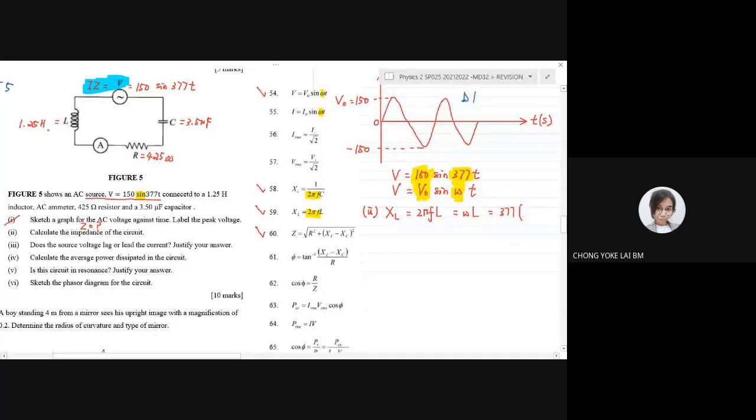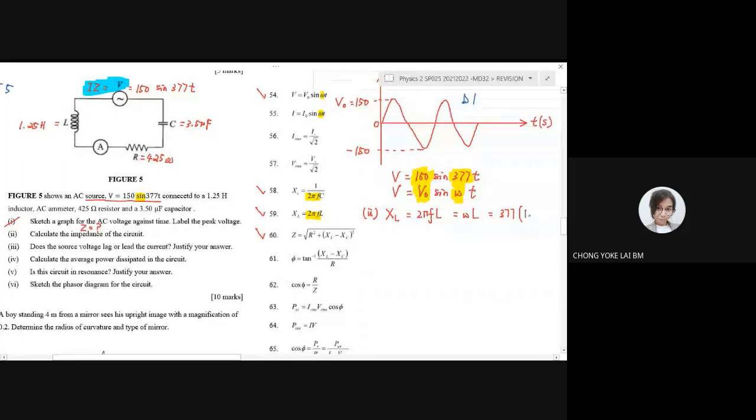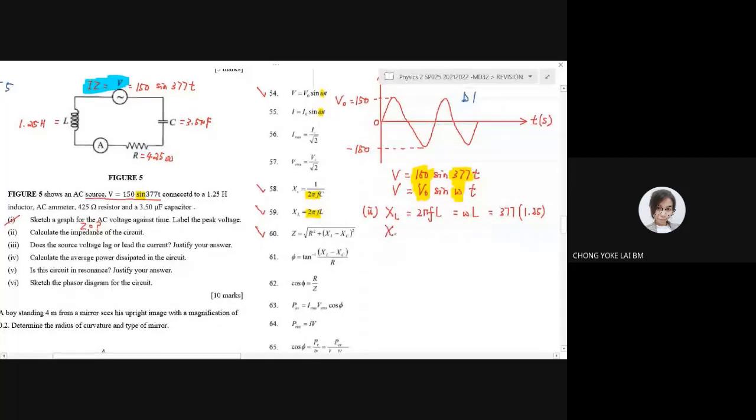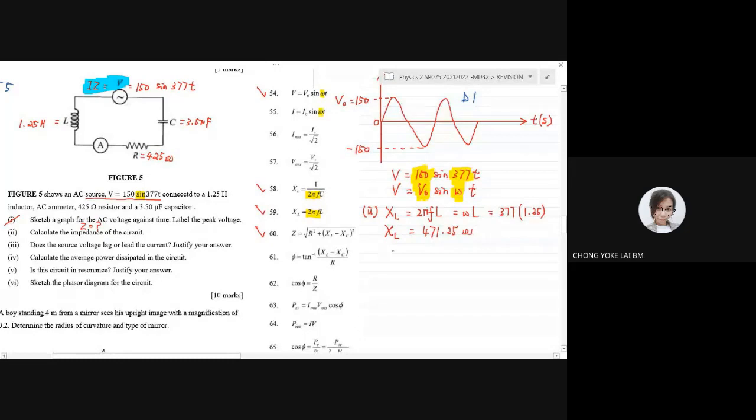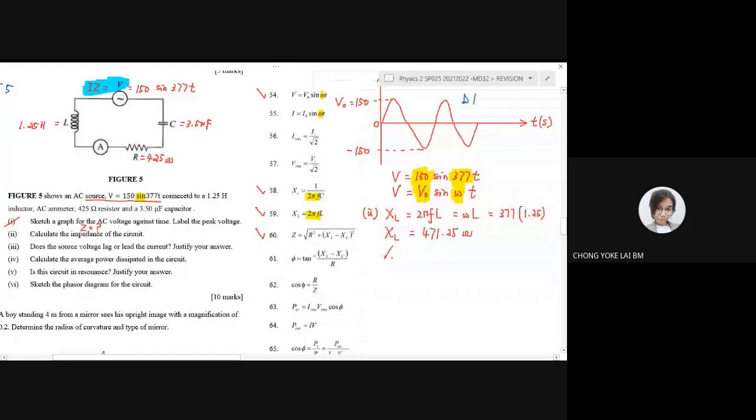The inductance is 1.25. So we calculate, we will get XL. XL will be 471.25 ohm. Okay. Then we calculate XC.